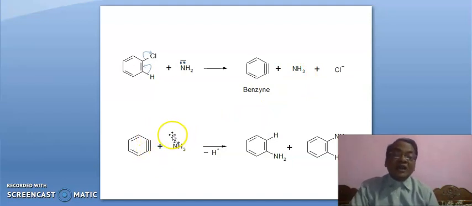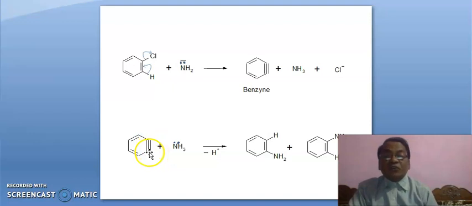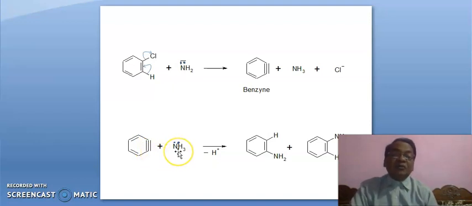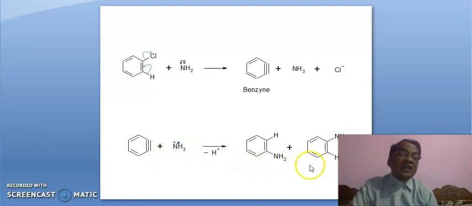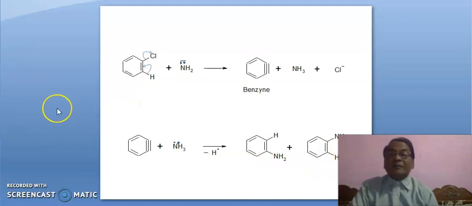So ammonia can attack either at this position or at this position. Friends, these two positions are equivalent, therefore there are two options of attack of ammonia, leading to this aniline, and this is also aniline.